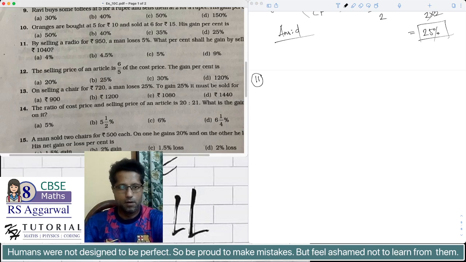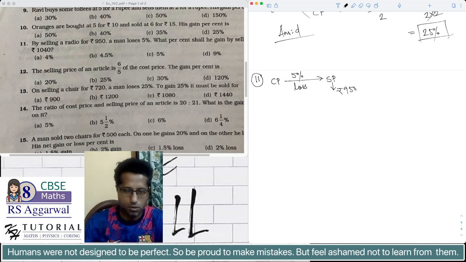So we have a cost price, we have a selling price, and there is a 5% loss. The selling price is given to be rupees 950, and we do not know the cost price.